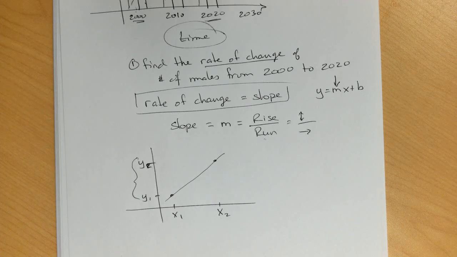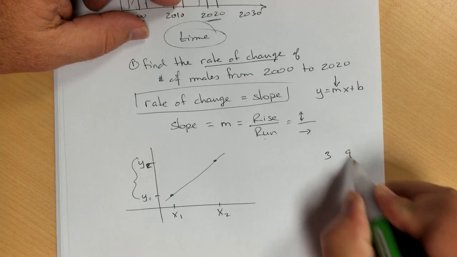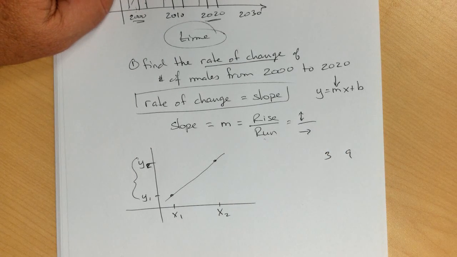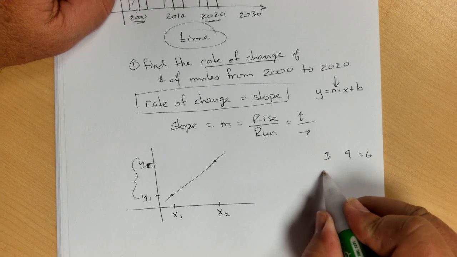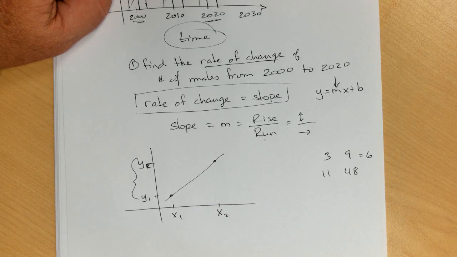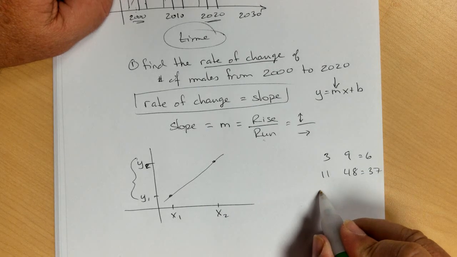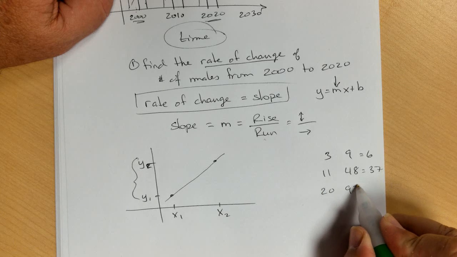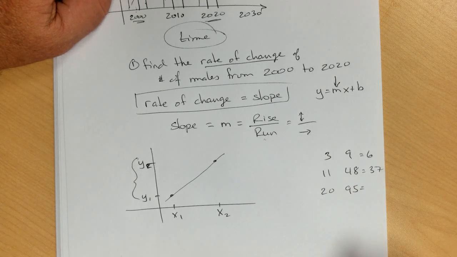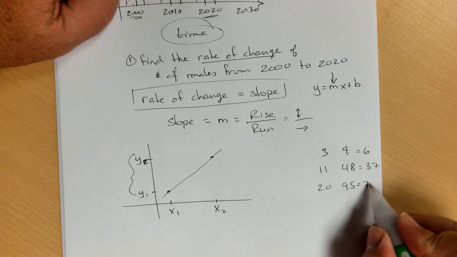To find the difference between two numbers, what do I do? Like, how far is it between 3 and 9? How far is it from 11 to 48? How about from 20 to 95? 75.